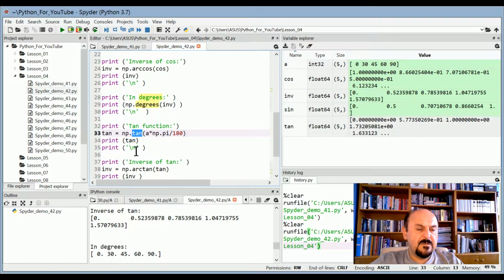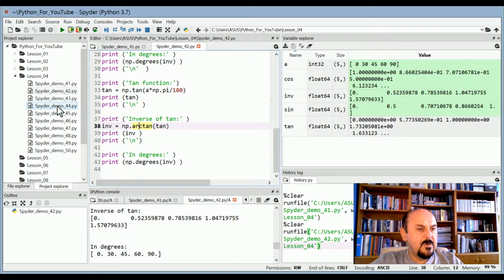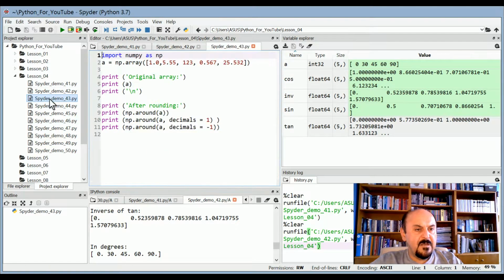And tangent, tan, and arctangent, arctan. That's all. Let's go with our next example.